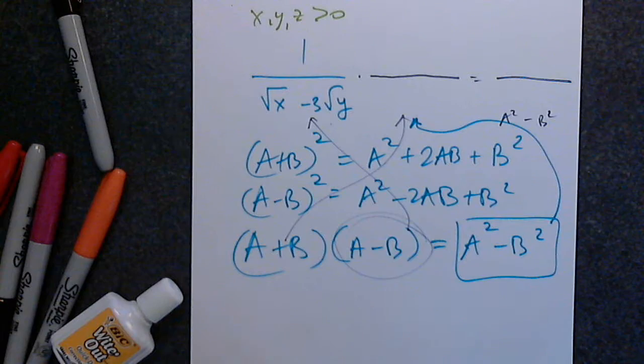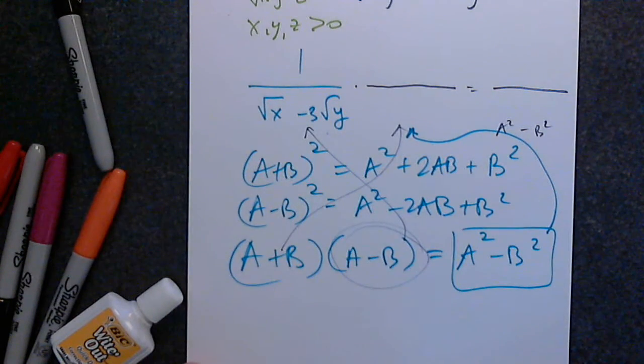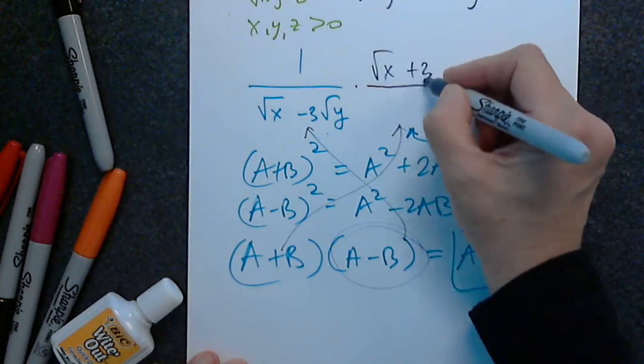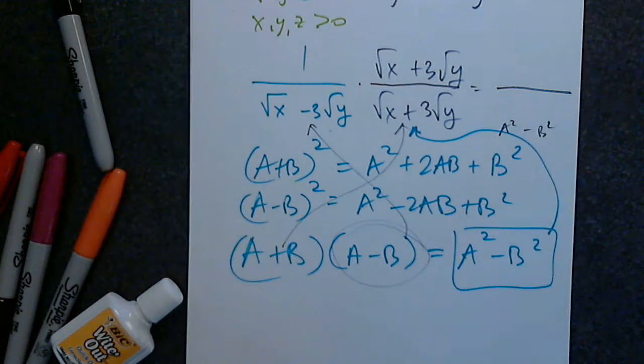So what is the a plus b in this case? If a minus b is the square root of x minus 3, the square root of y, a plus b must be the conjugate. We call them conjugates.